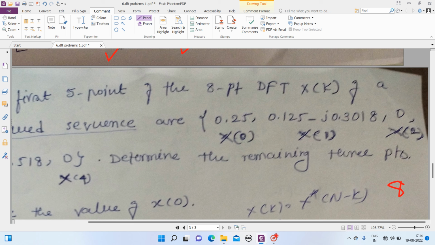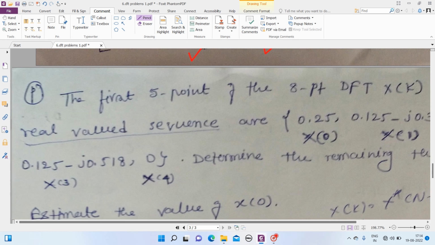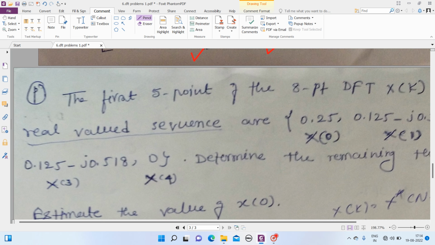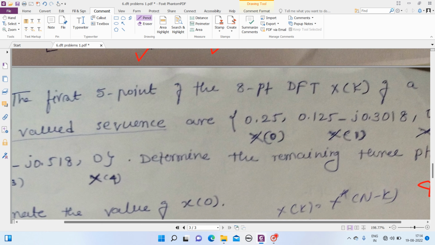Be careful. So they have given x of k values: x of 0, x of 1, x of 2, x of 3, x of 4. Here you have to find the remaining 3 points, because the end point is 8.